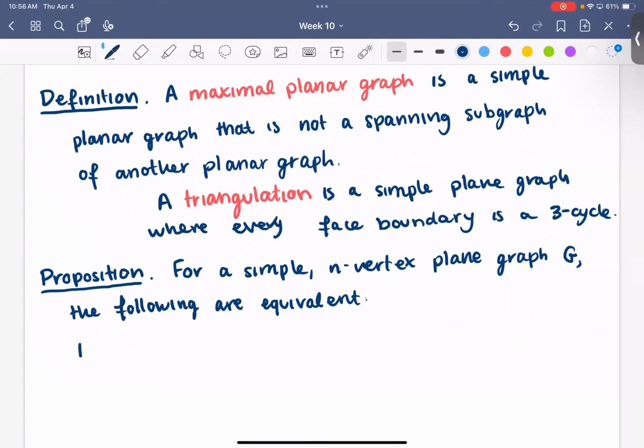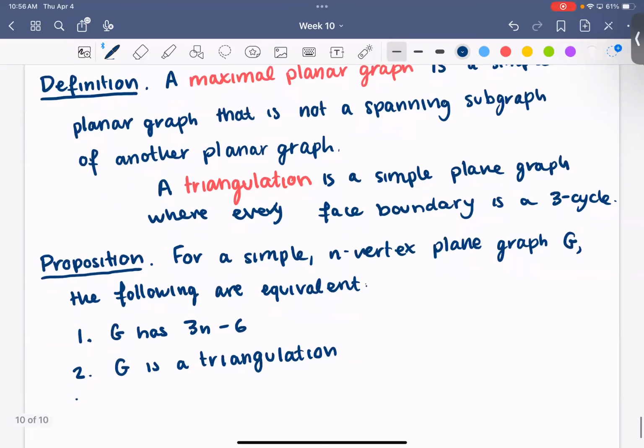The first one is that G has 3n minus 6 edges. So that inequality is an equality, the one that we proved in the previous theorem. And then second, G is a triangulation. And 3, G is a maximal plane graph.